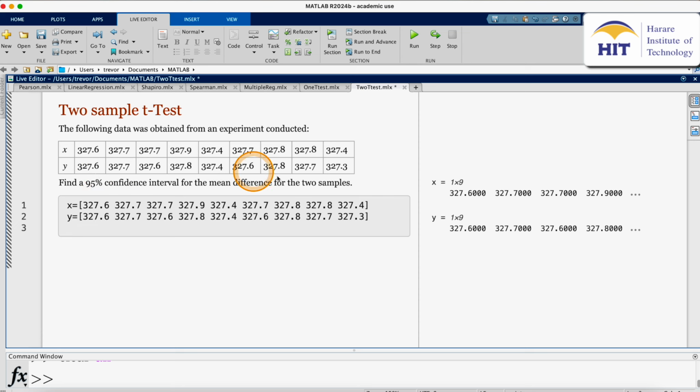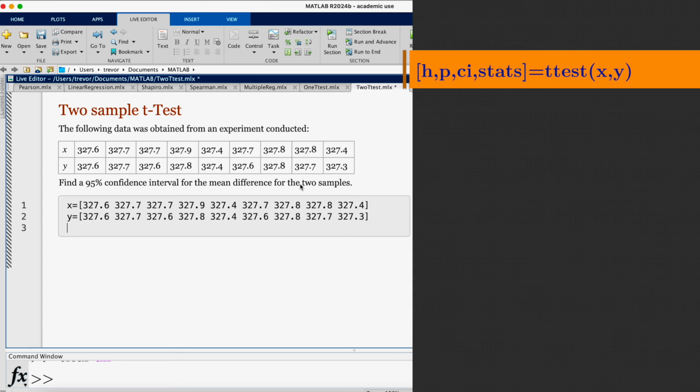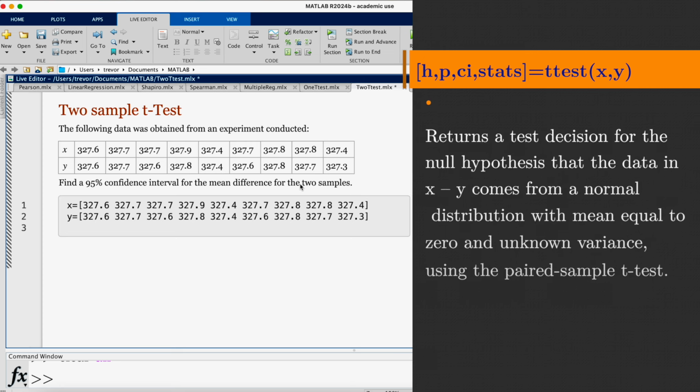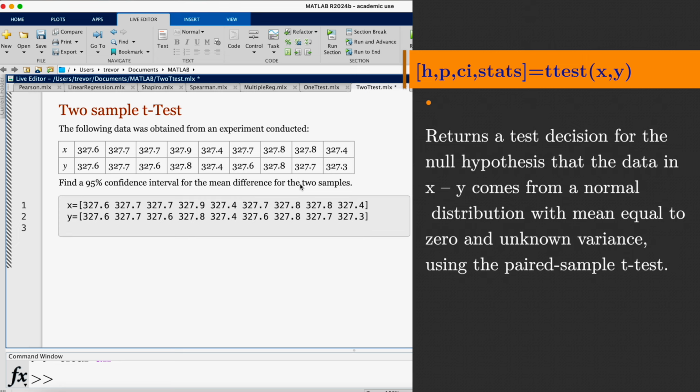Now to find the 95% confidence interval, the MATLAB code that I will use is [h, p, ci, stats] equals ttest(x, y). This returns a test decision for the null hypothesis that the data in X minus Y comes from a normal distribution with mean equal to 0 and unknown variance, using a paired sample t-test.